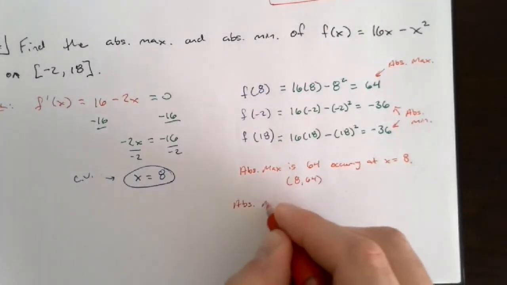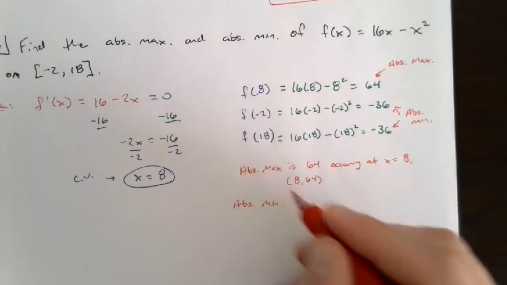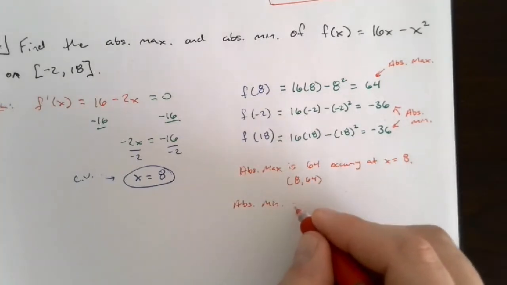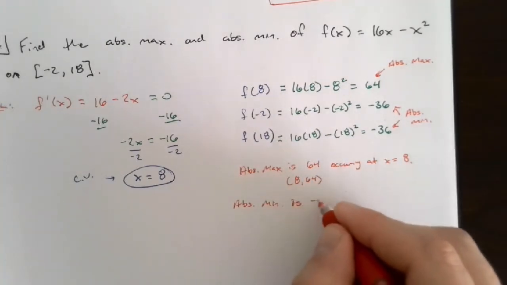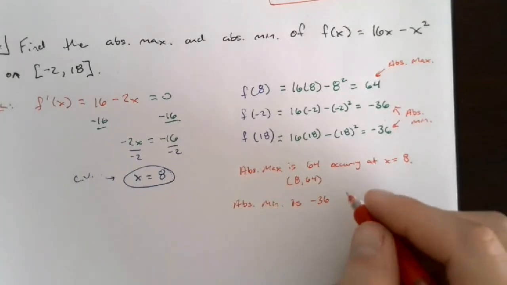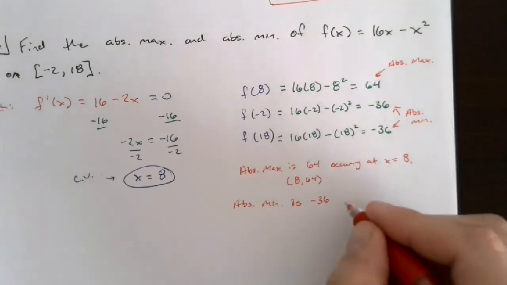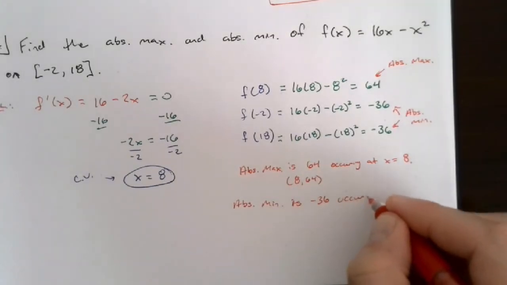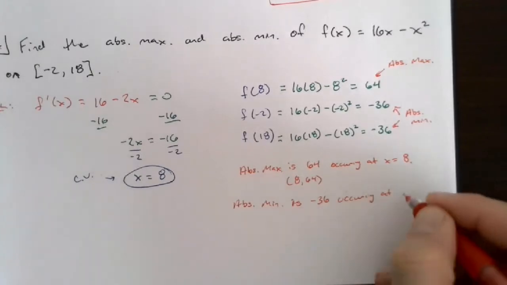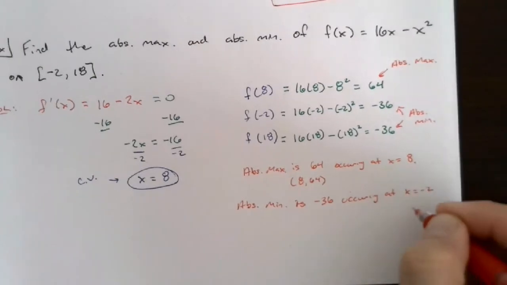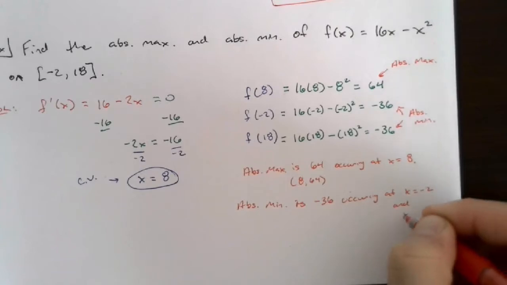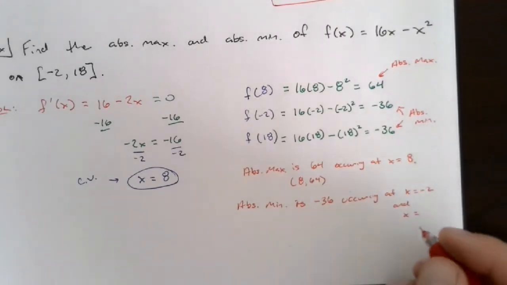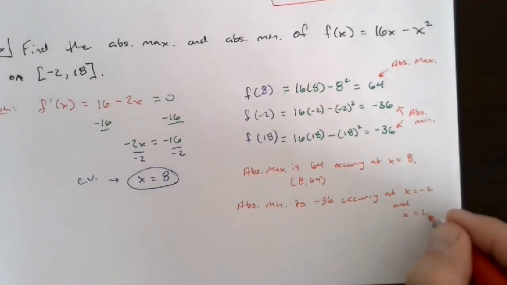The absolute min, right, the absolute minimum is negative 36. So it is negative 36. And this is occurring at x equals negative 2 and at x equals 18.